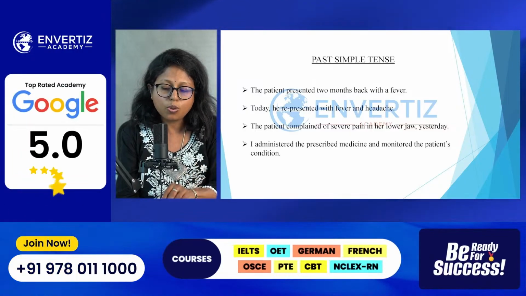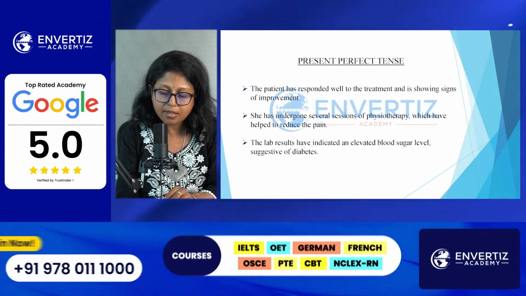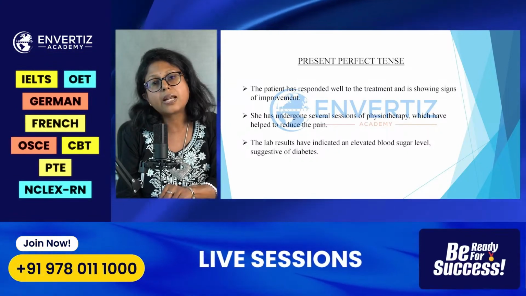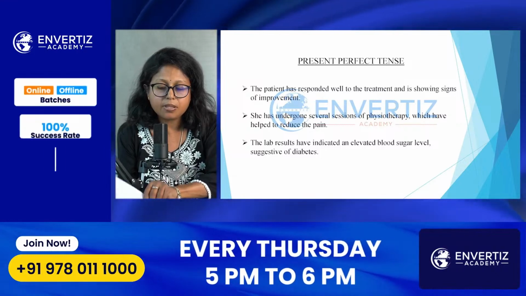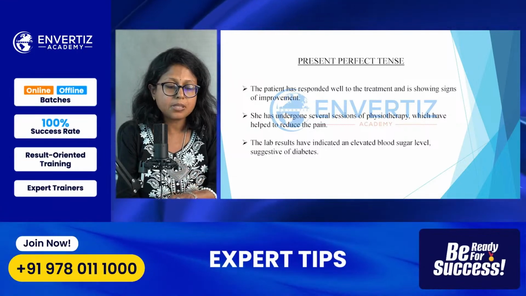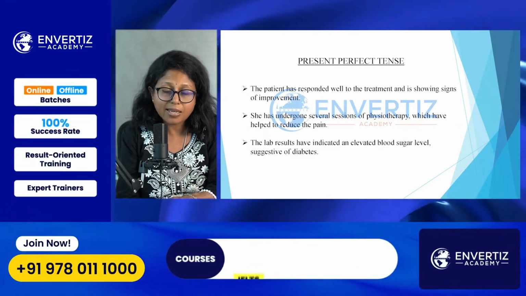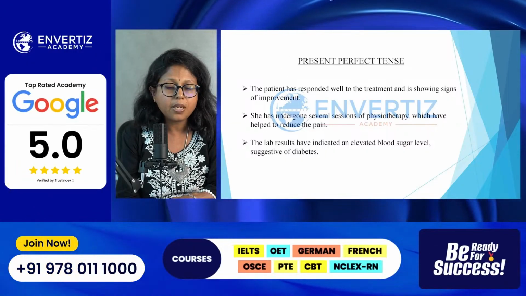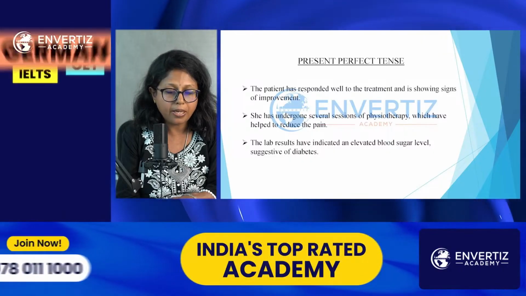Then we went on to the present perfect tense, where we said that actions occurred in the past but are relevant in the present. For example, she has undergone several rounds of physiotherapy which have helped to reduce the pain.